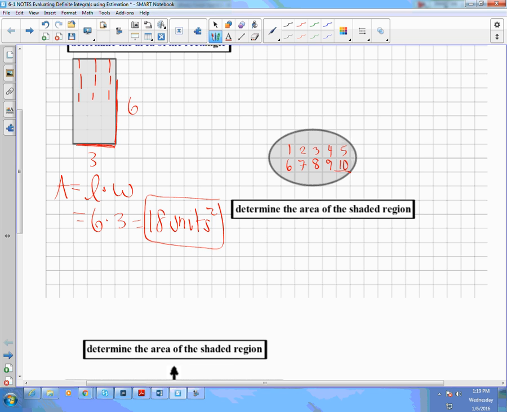Like maybe these two. If we put them together, would it almost be another square? That would be a good estimate. Let's see. If we combine this little piece with this piece, would that be like another square? What if we combine this little piece with this little piece? Would that be another square? This one's cool, actually.